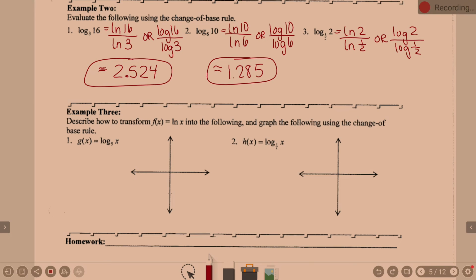Either way, it works out to be negative 1. Notice I did not put the squiggly sign there, because it's exactly negative 1. You didn't round it, did you? You gave me the exact answer. Okay? So good skills to know. And in fact, we're going to use this skill here in a moment to do what it wants us to do on the graphing example.